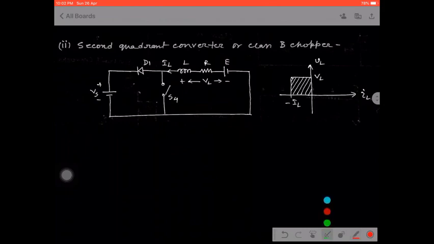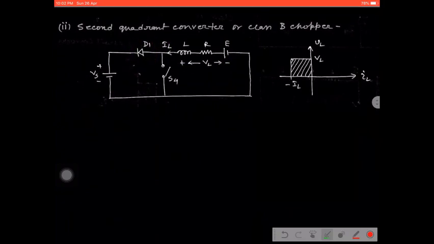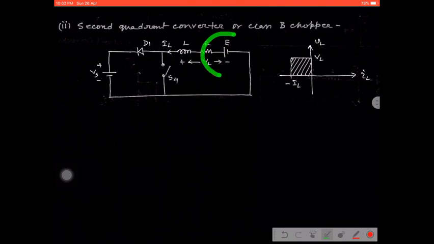See it very carefully. There is no relation between supply and load, as the diode is in reverse biasing condition. That means we can say in this particular case, assume the load voltage is led by the back EMF, means here the motor is working as a generator.